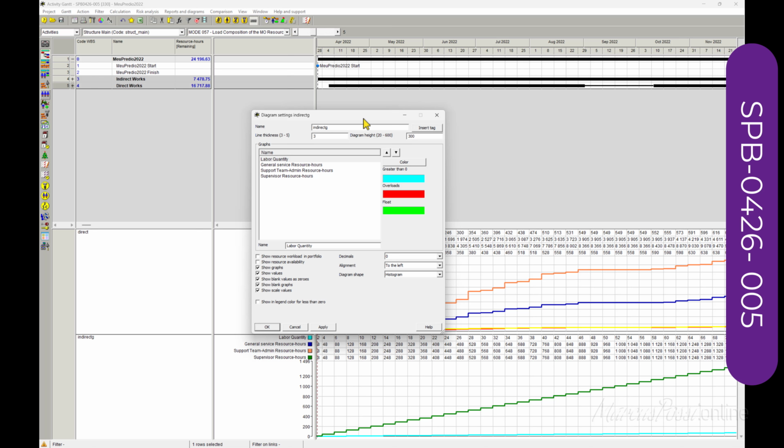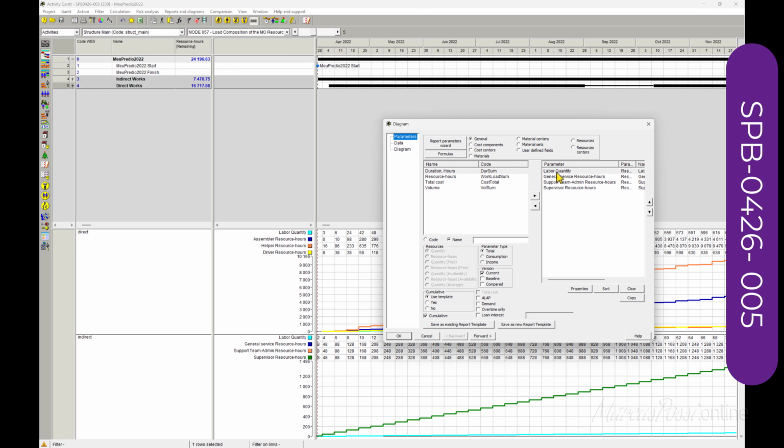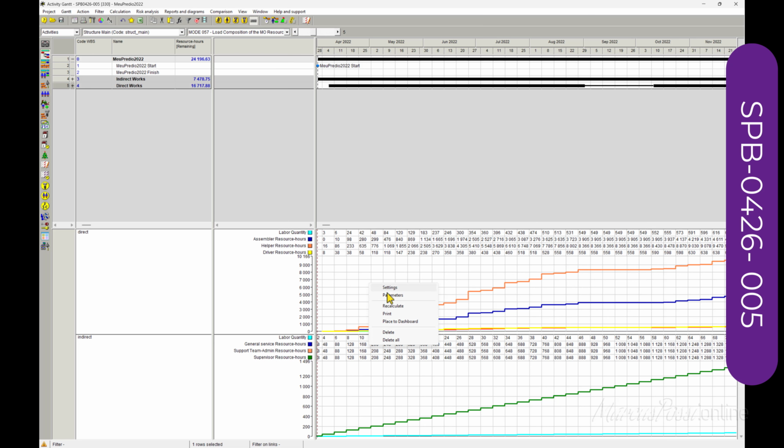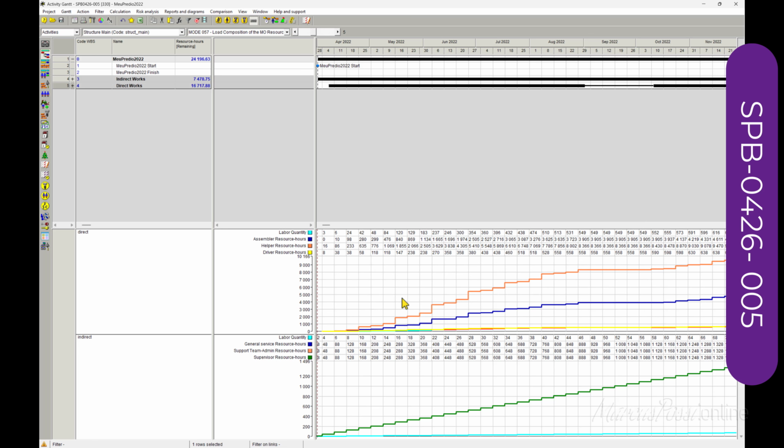In the indirect. Okay. Labor quantity, because you decide the labor and which resource you would like to see. And this one is labor, and the ones you want to see in cumulative work hours.